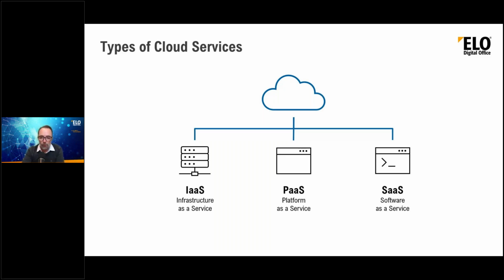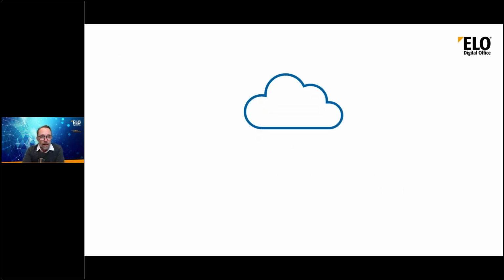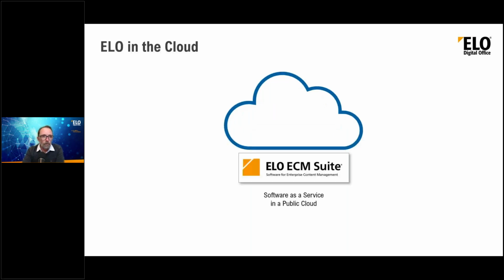And then we have software as a service, which is ready-to-use software, which you can use right away. So those are the different types of cloud services. And when we are talking about ELO in the cloud, then we talk about software as a service in the public cloud. That's the ELO cloud.